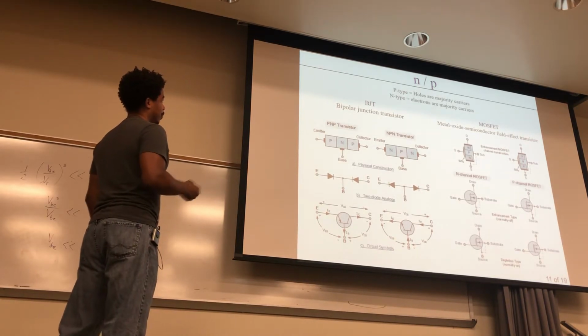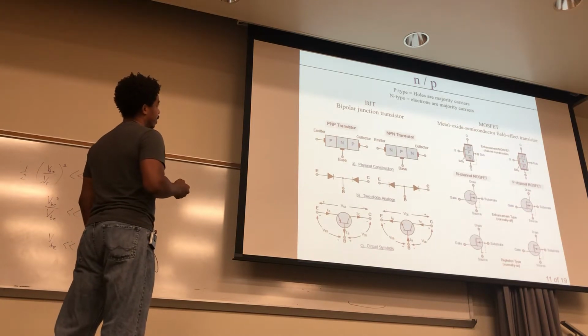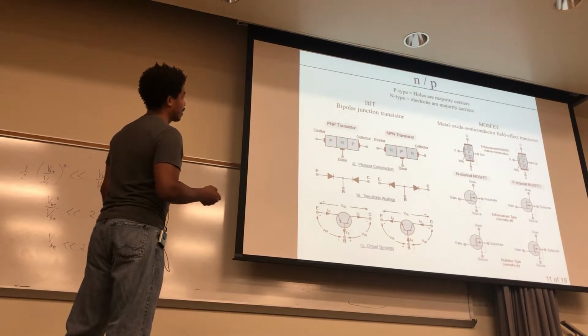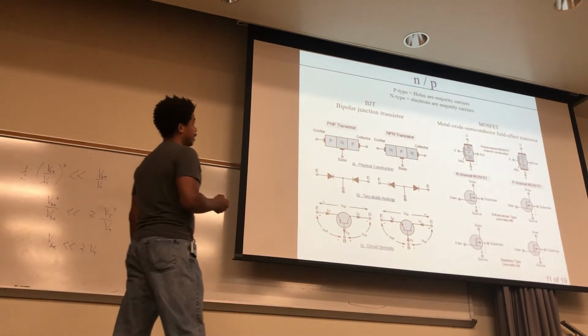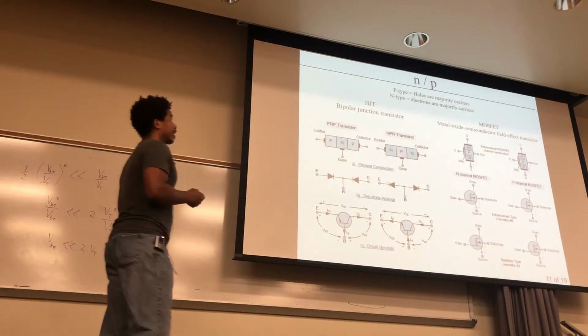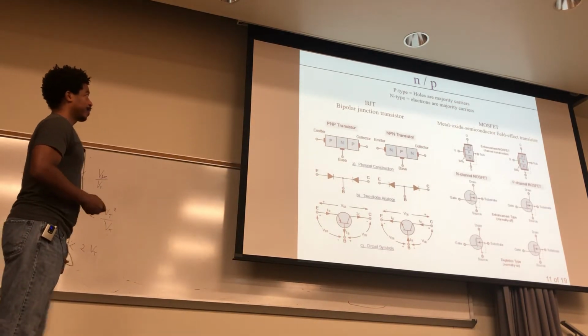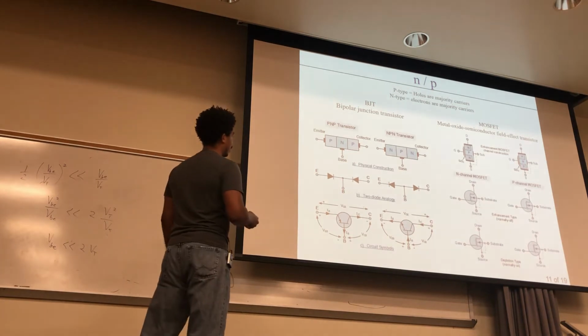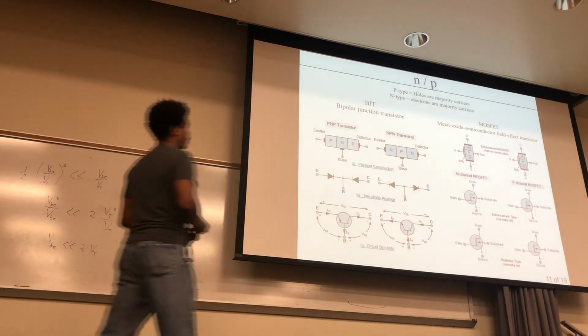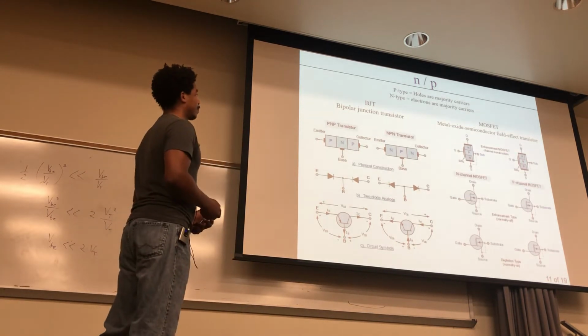The differences between the two: PNP and NPN for both cases. And remember what P-type means. It means that the holes are the majority carriers, and for N-type, the electrons are the majority carriers. And here's what the circuit looks like for those cases, with the voltages and the currents and their directions, for that and the MOSFET.